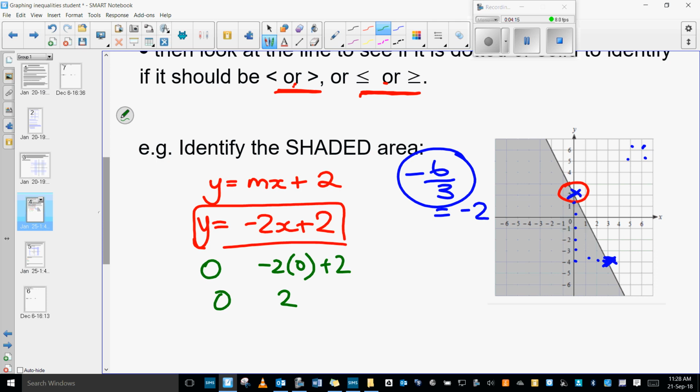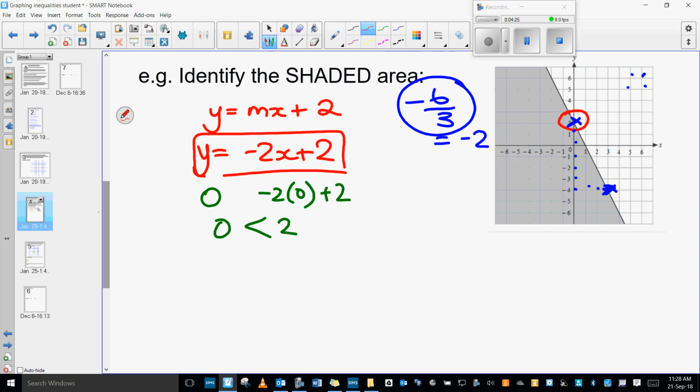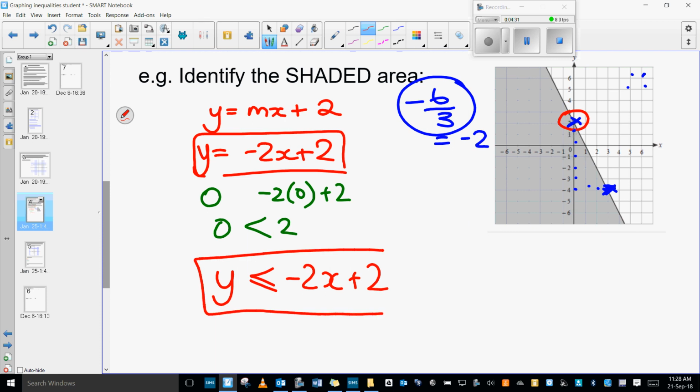Is it going to be a less than sign, or is it going to be a less than or equal to? Okay, so then my final answer is going to be y is less than or equal to negative 2x plus 2. Understanding? So we do all of that, then identify.